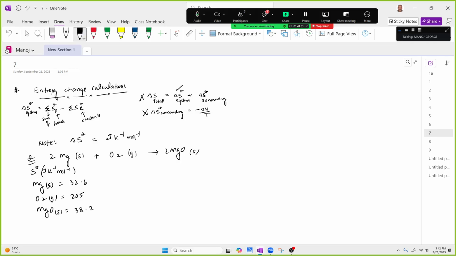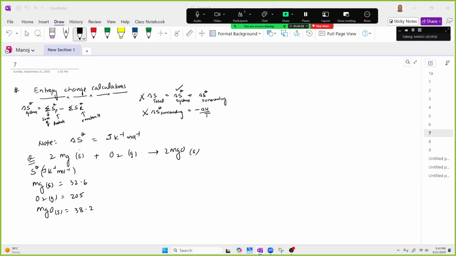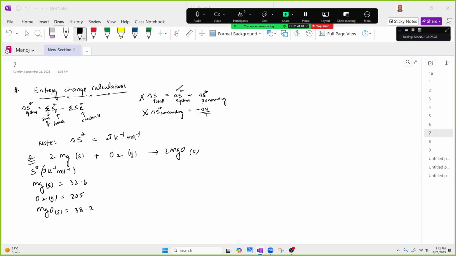Any surprises as to why oxygen has very high entropy compared to others? Are you surprised why oxygen has high entropy compared to others? Or do you think this was expected? Oxygen is a gas. Yeah, so it'll have very high entropy. Okay, I've given you the equation. Your job is to calculate the entropy change of the system.